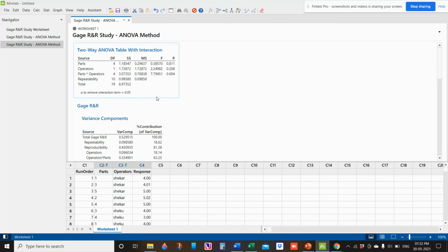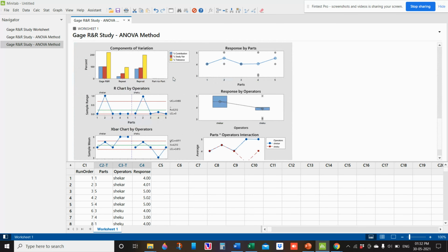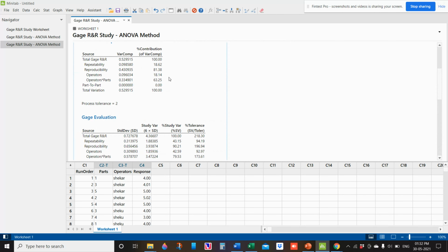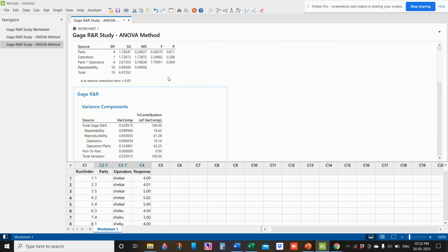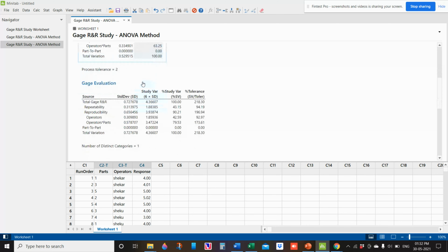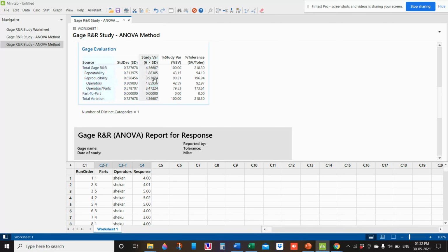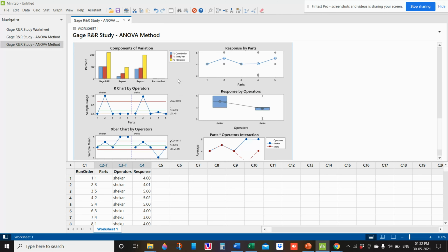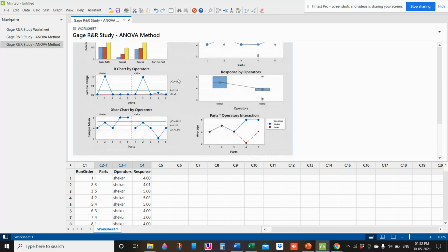Say OK. Again it is telling 100 percent is because of the system variation. Coming to the gauge R and R, it is also telling the same percentage. Now if you see the graphical window, here you can see some matches happened about the pattern.